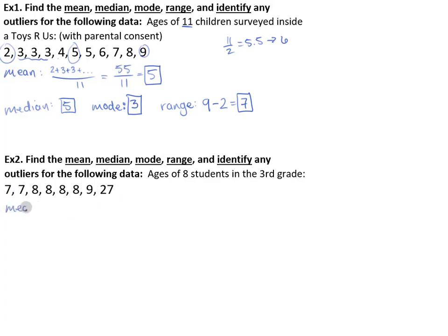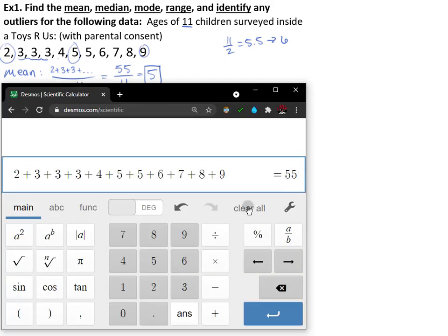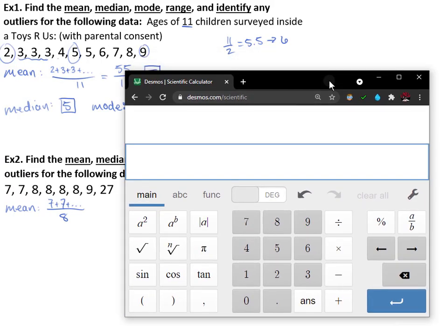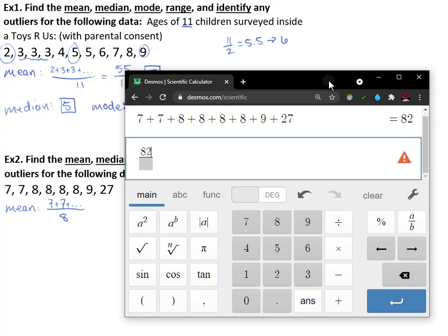Well, let's go ahead and find the mean. So again, the mean is the average, so we need to add them all up, and there are 8 of them. It actually told me over here, so I didn't have to count how many there were. So 7 plus 7 plus 8 plus 8 plus 8 plus 8 plus 9 plus 27 is 82.